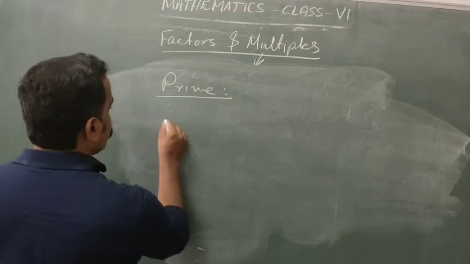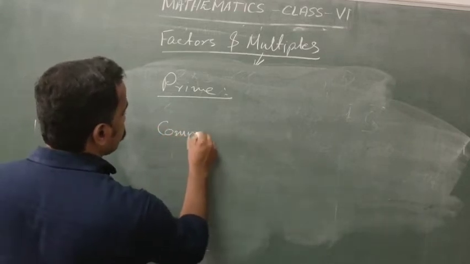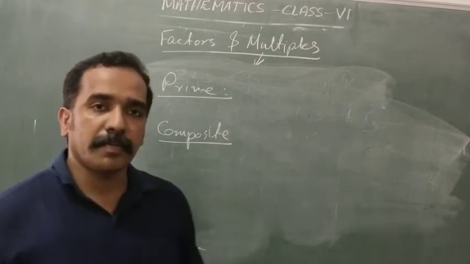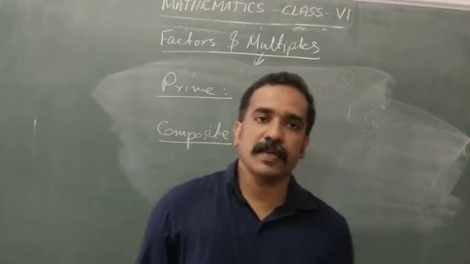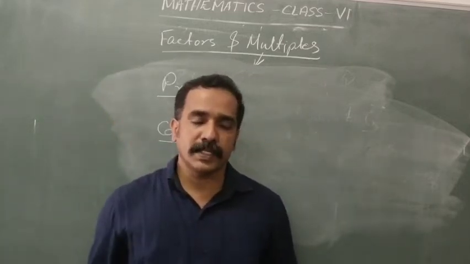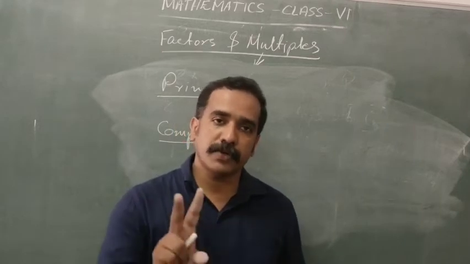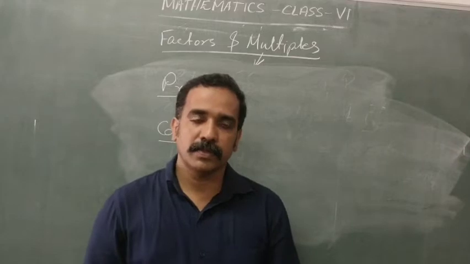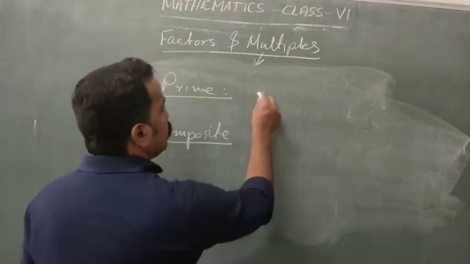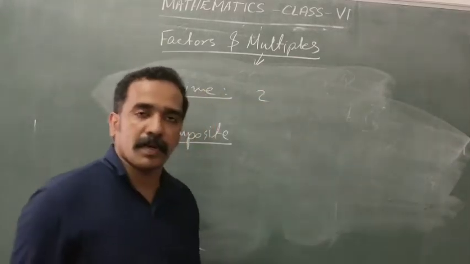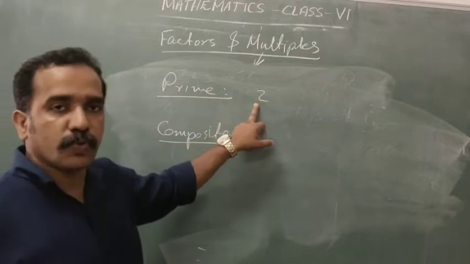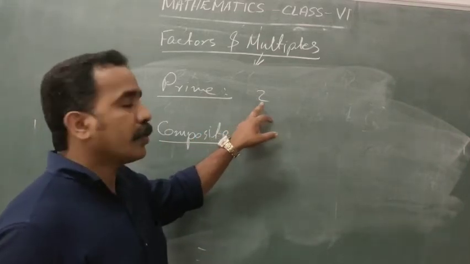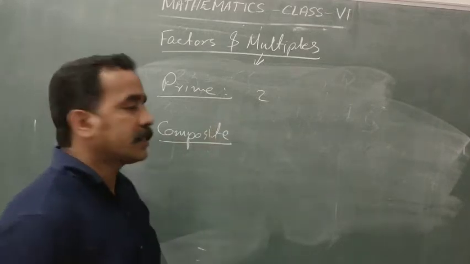Prime number means a number having only 2 factors, and those 2 factors are 1 and that number itself. For example, 2 is a prime number because the factors of 2 are 1 and 2. There is no other factor for 2.